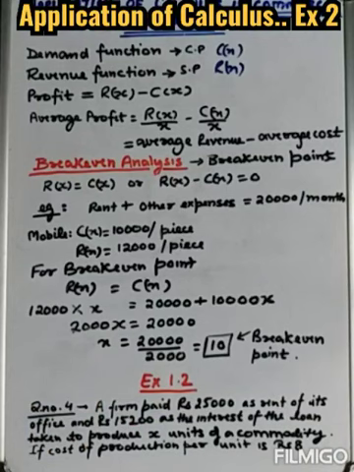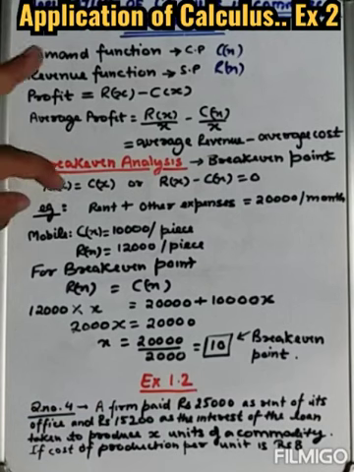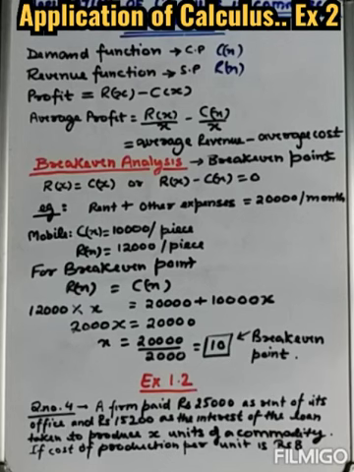So how do we calculate the number of articles to be sold when we are able to meet this expense?